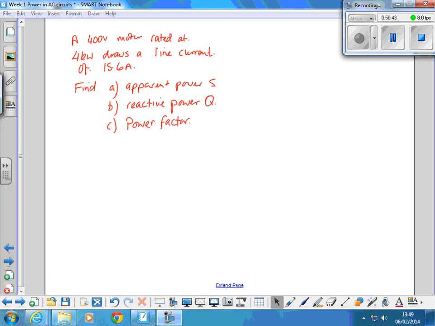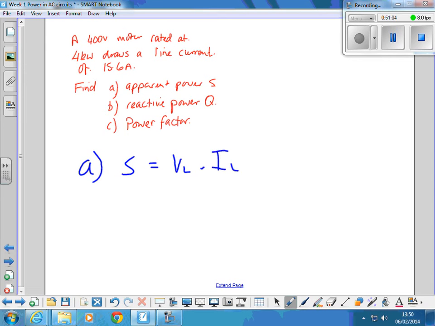Right, gents, so how can we go about finding apparent power? Yeah, that's VL, the line voltage which you've been given, times the line current, the current that it's drawing, because you're measuring that with an ammeter, for instance.